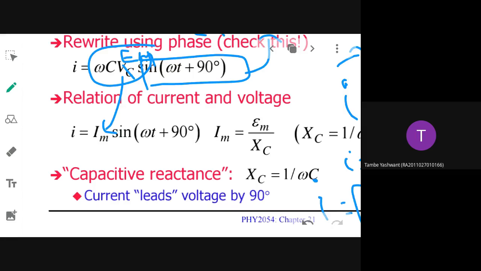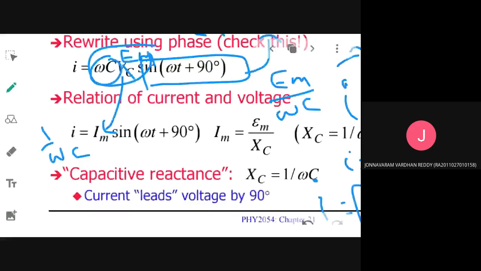And Em, with omega C in the denominator, that is 1 by omega C, which is Xc. So Xc is equal to 1 by omega C. If you substitute, omega C comes in the numerator, so there won't be any change in the original equation. This is your capacitive reactance.